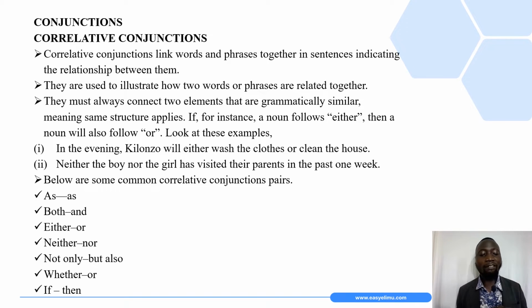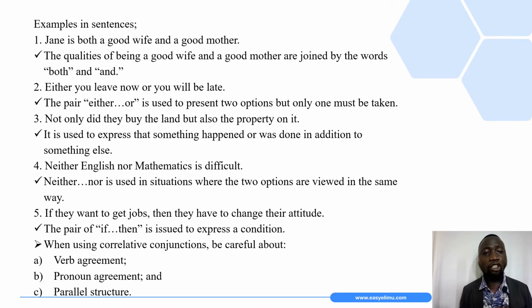We also have not only but also. There is also whether or, and lastly we also have if, that goes with then. So those are other examples of some commonly used correlative conjunction pairs.